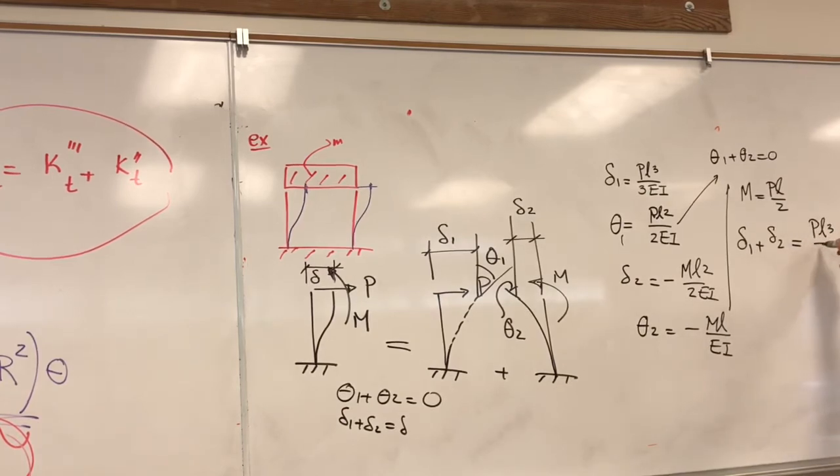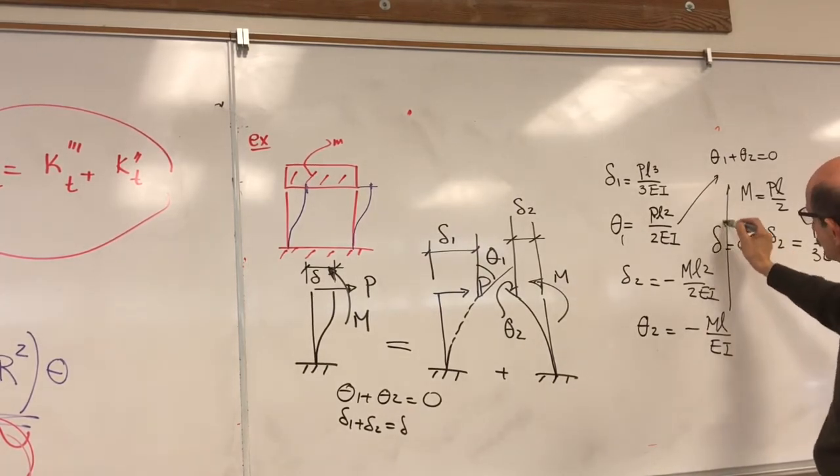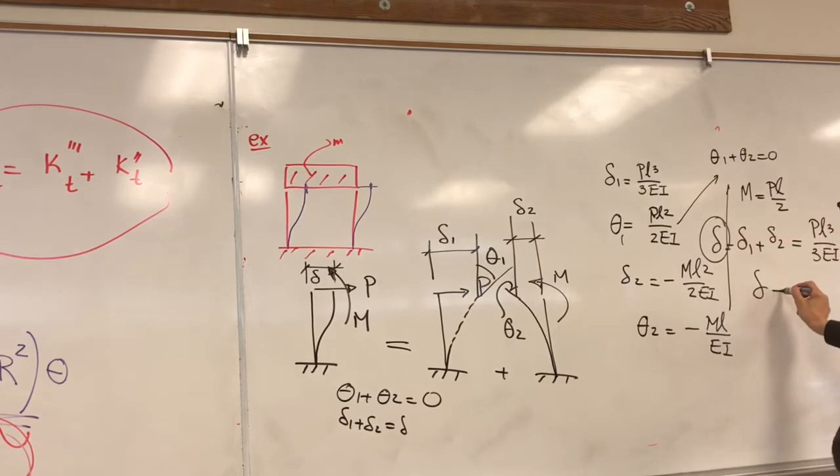Therefore, I can substitute that in delta 1 plus delta 2, which is PL cubed over 3EI minus, substituting for M, PL over 2 times L squared over 2EI. You see that this, which is delta, would become PL cubed over 12EI.